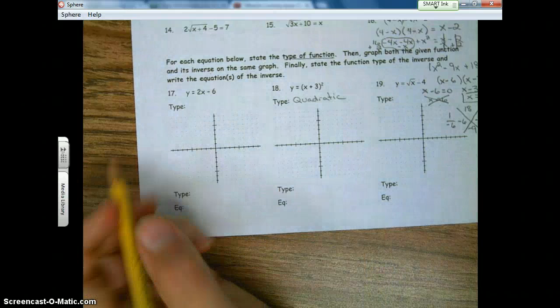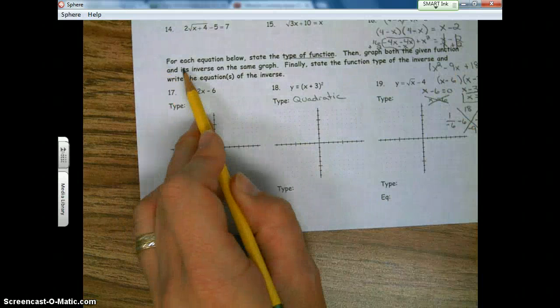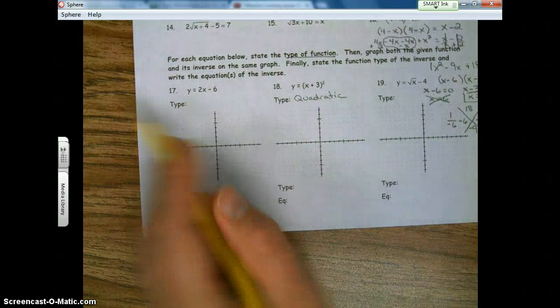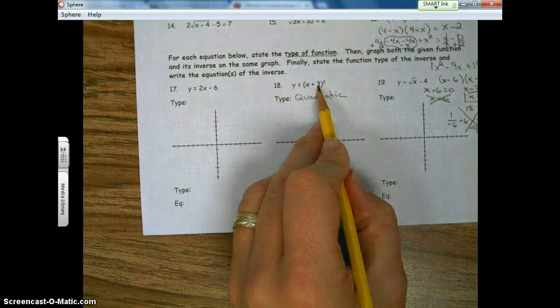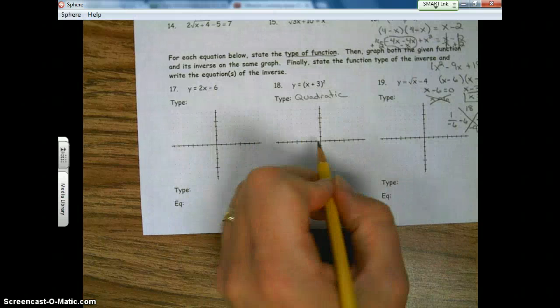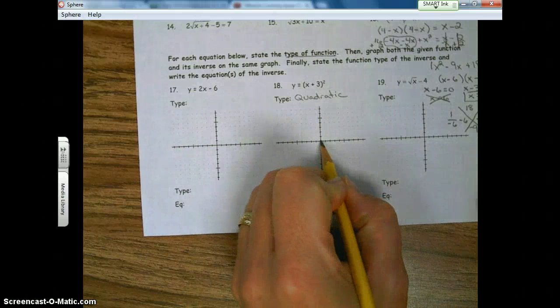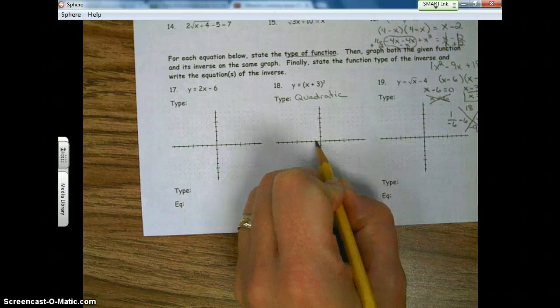Okay? It says graph both the given function and its inverse. Okay, so let's graph the given function. This says to move the function 3 units to the left. So I'm going to go to my special point, and I'm going to go 3 units to the left. 1, 2, 3.